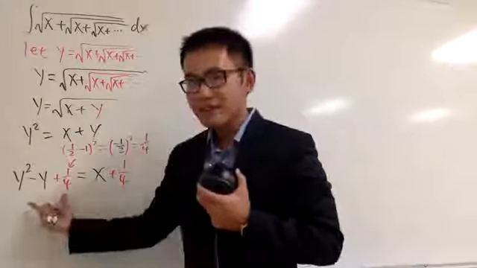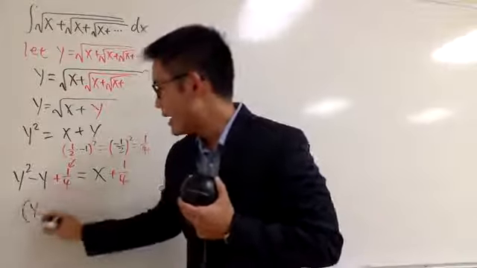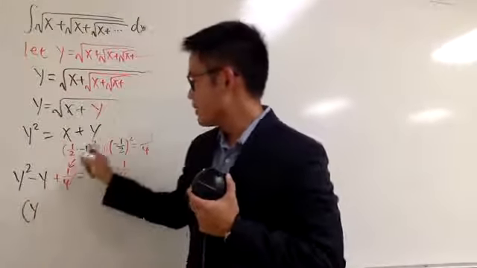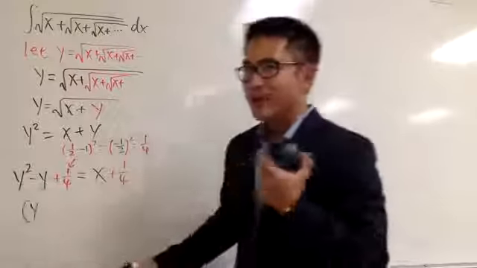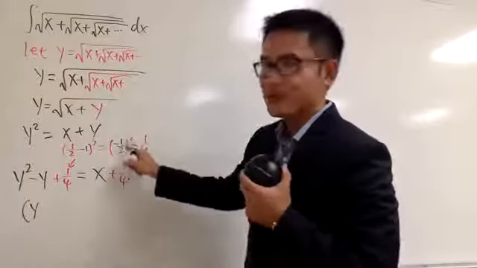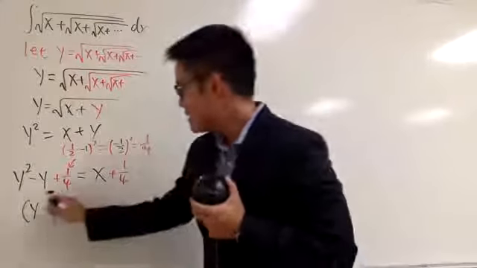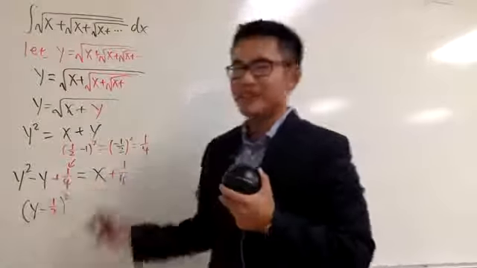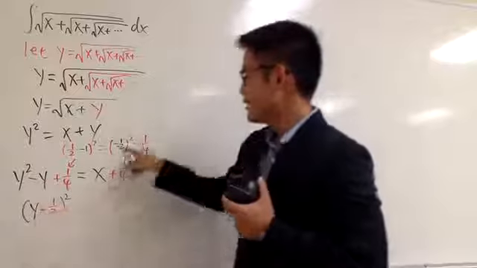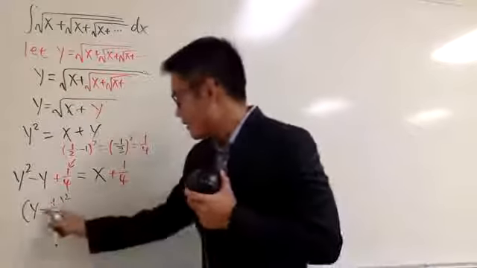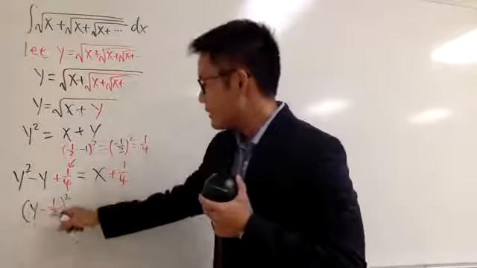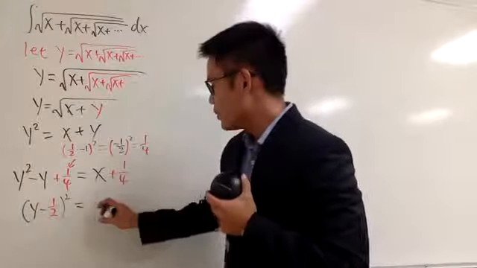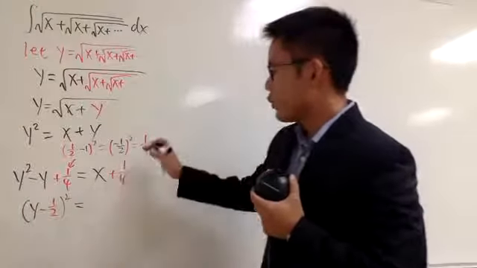And when you factor this, this is y minus, okay, you can look at this as a minus. Another thing is you can look at this. That's why I showed you guys all the work. Minus 1/2 square. We can just factor it, up to you, but this is always this number. Anyway, y minus 1/2 and then square, this is equal to x plus 1/4.